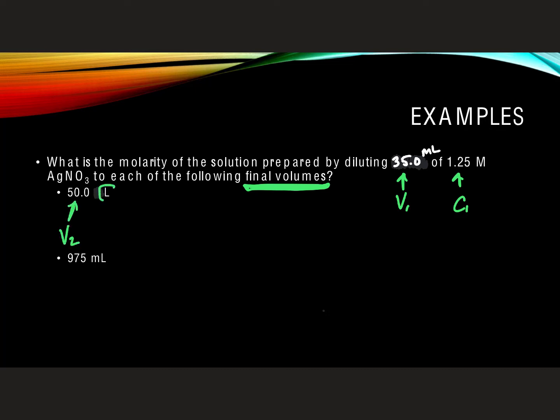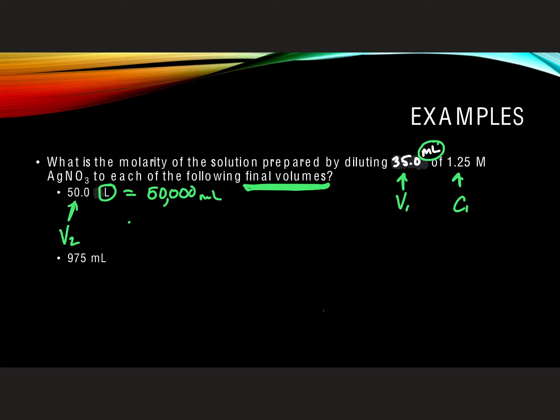So notice I have liters and milliliters, so I need to do a conversion. So 50 liters is going to be times 1,000, 50,000 milliliters. So again, I could have done the 35 to liters as well. I just chose to go to milliliters, it doesn't matter.